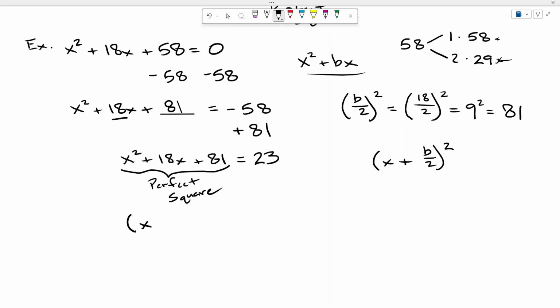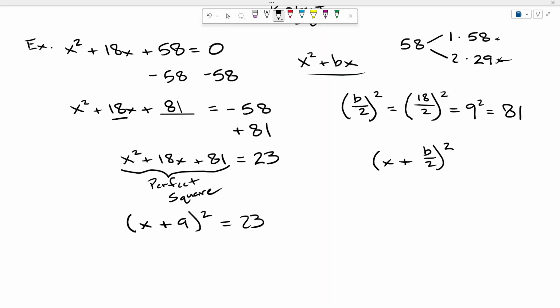So our perfect square is x plus, b is 18 divided by 2 is 9, and then squared equal to 23. So now we actually have it equal to something, so we can actually solve for x.